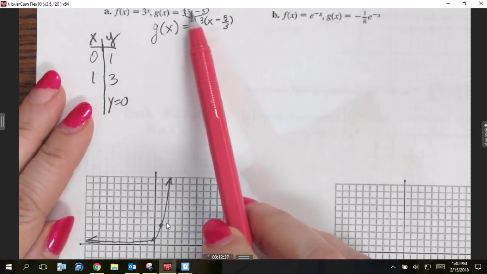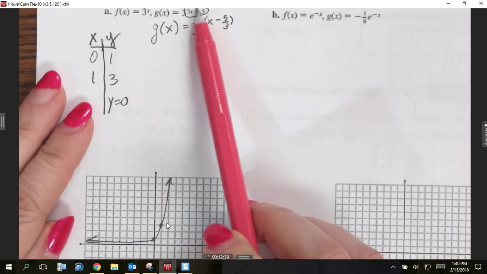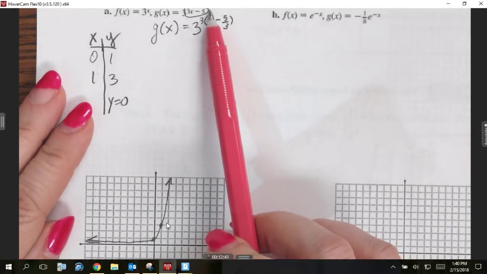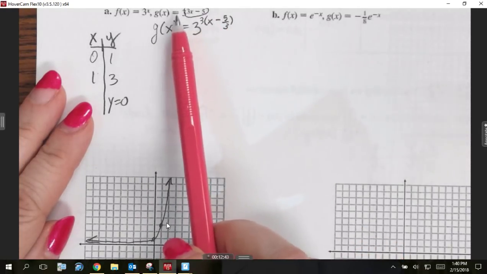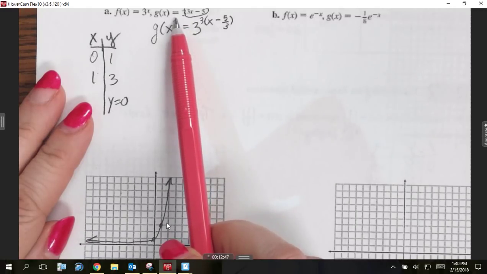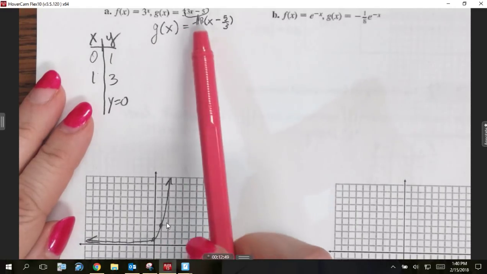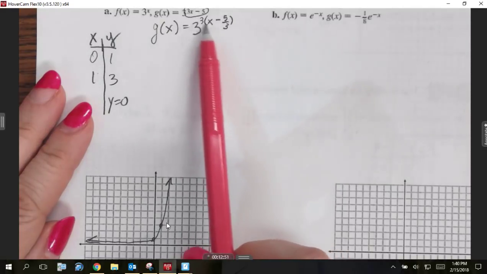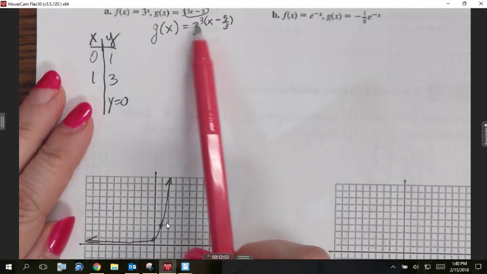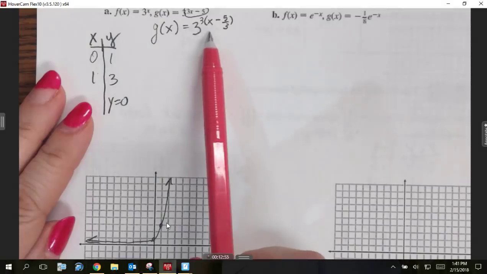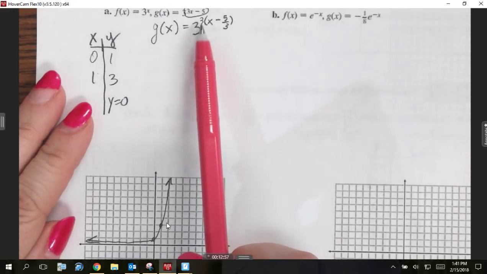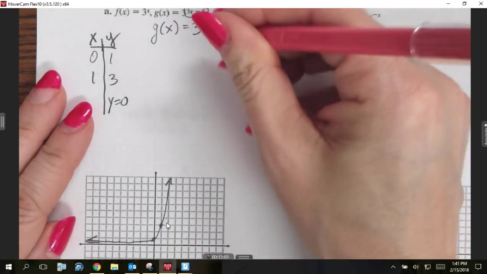And these are exponential, so anything in the exponent is horizontal. If it were vertical, it would be in front of, it would be a big number. Okay, so that was a good thing that she said, so I could explain that. Anything in the exponent is horizontal. Anything in the exponent. So this 3 is a what? It is a horizontal stretch.